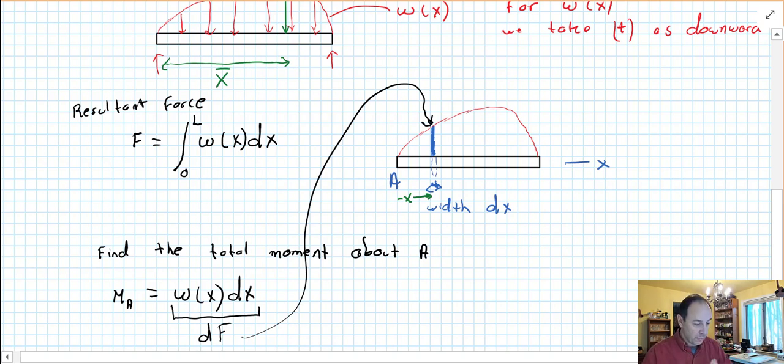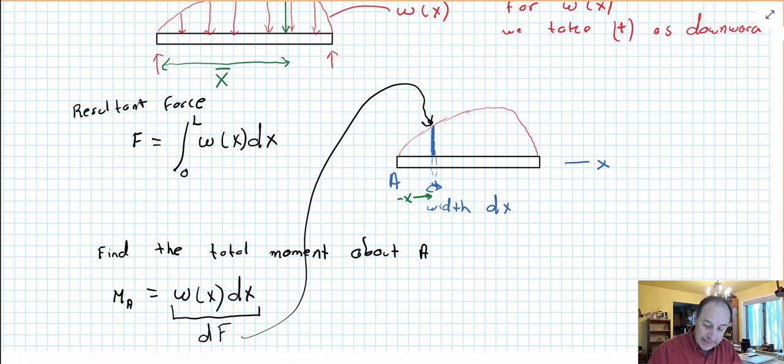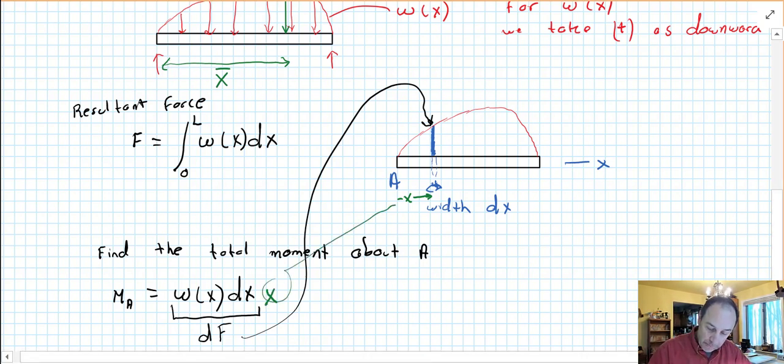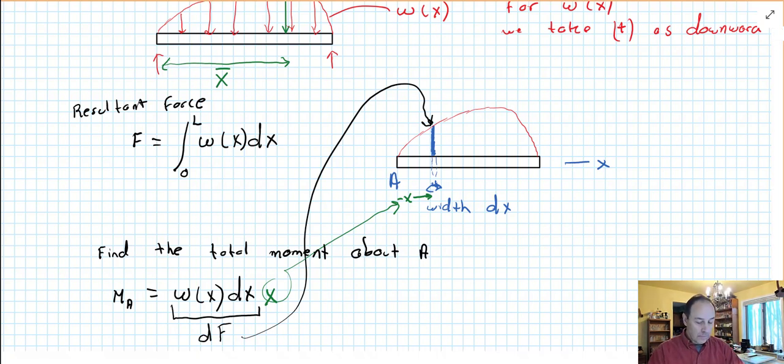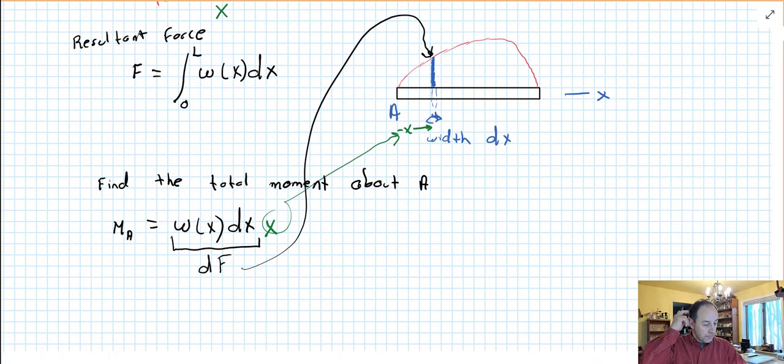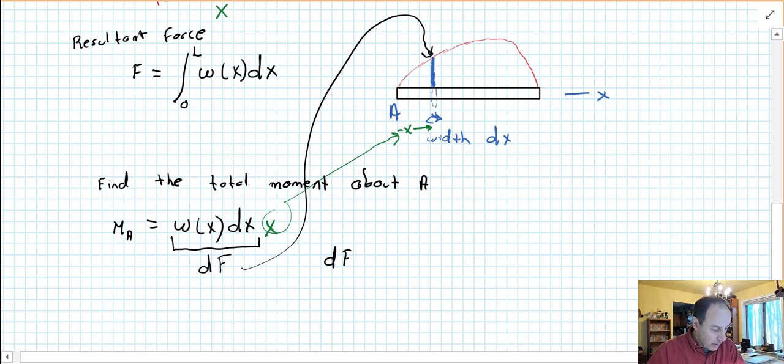Right, that little bit of force. But for the moment, we have to multiply that times the distance at which that's acting from A, which is x. All right, so dF is the amount of force generated.